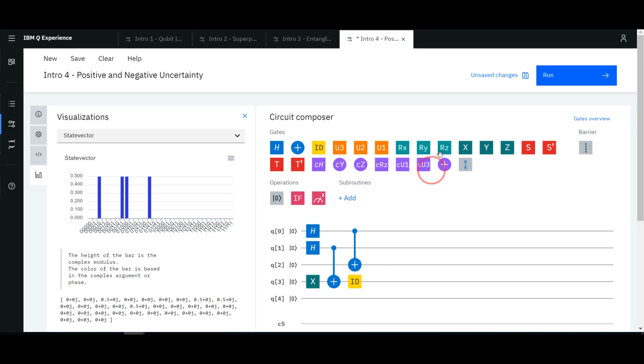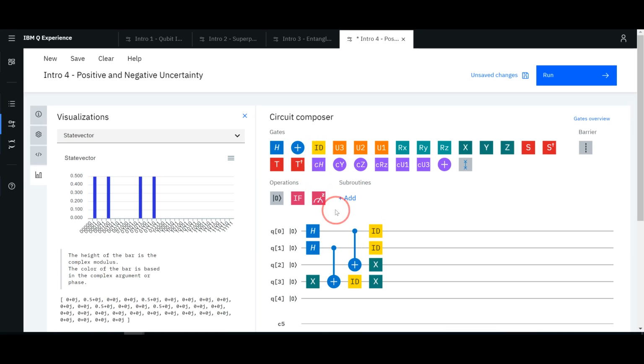Let me put the identity here to make it easier. So then we negate that, and we're gonna keep the identities here as well. And so far at the ancillary level as well.